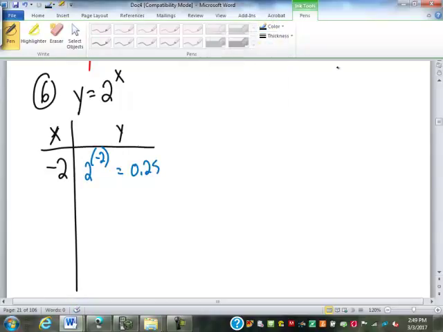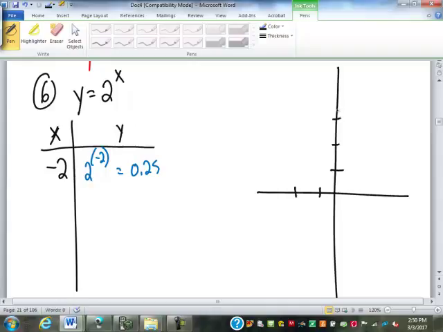So when we go to plot that on our graph, we've got x is -2, y is 0.25. So there's -2, 0.25 is going to be somewhere in there, about 1/4. Again, you can see when it's not a whole number, it gets to be tough to graph.